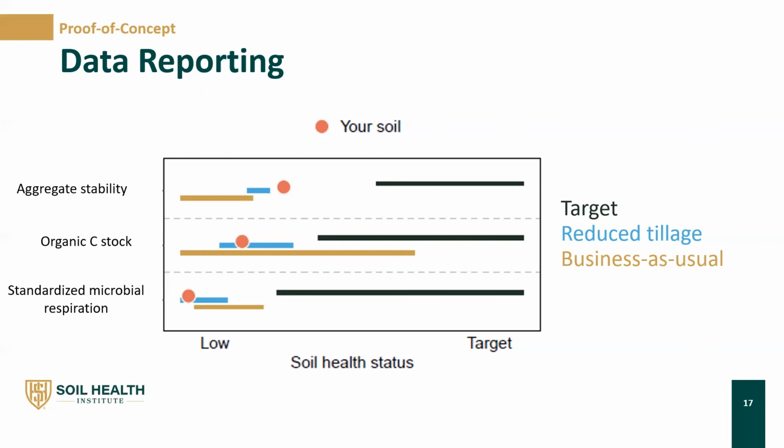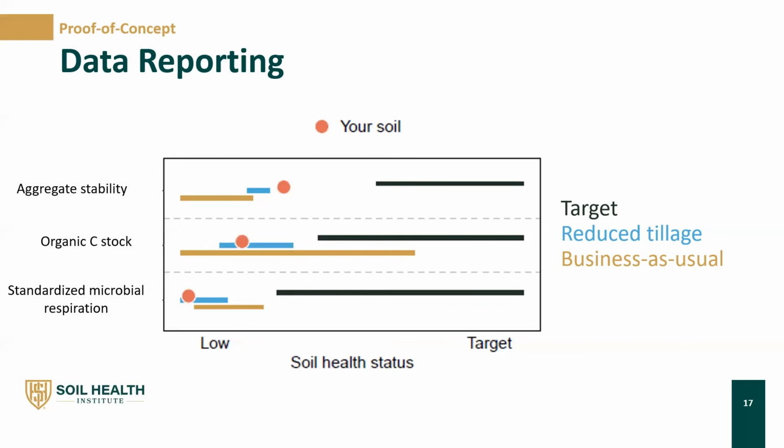If we measured it in this particular case for this individual farmer and his or her soil health group, they had reduced tillage to compare to. And so we're able to see that soil health status. And then the pink dot shows us that, for example, this farmer's aggregate stability was better than the business as usual, better than reduced tillage, moving towards that target. Organic carbon stock was really towards the low end.